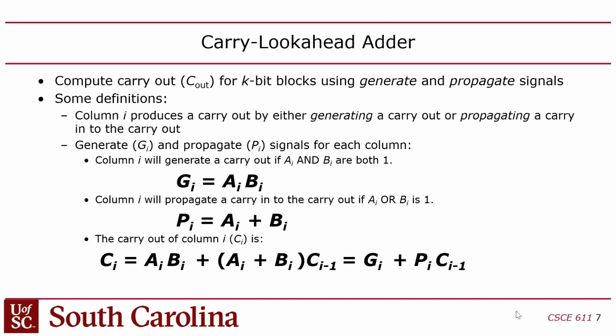So it's the generate of column I, or the propagate of column I combined with the carry out of the previous column. Make sense? So this is a little confusing: C sub I stands for carry out. The carry out of column I is a function of the generate of column I and the propagate of column I with the carry out of the previous column. That make sense?